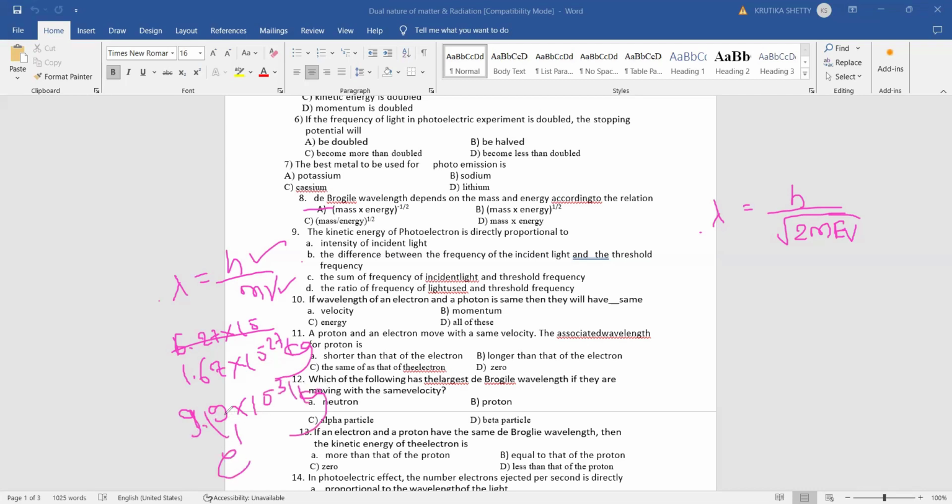This is the electron mass, and this is the proton mass. So wavelength is inversely proportional to mass. Please tell me accordingly: mass of the proton or mass of the electron, which is less? The values I have given you.